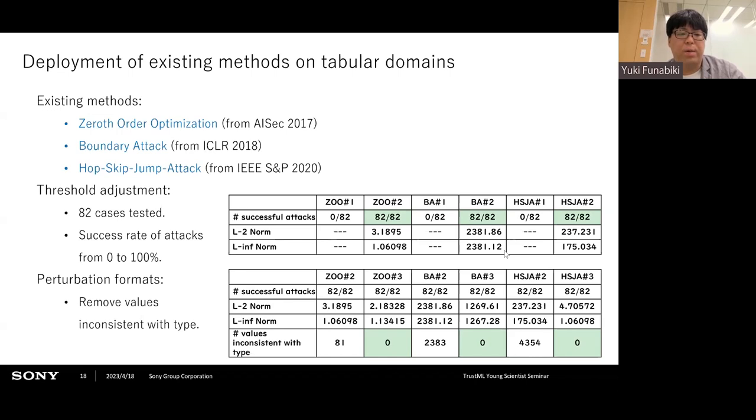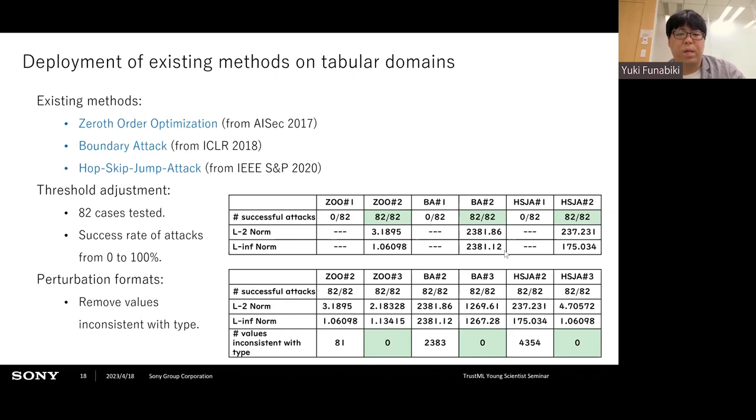And in the third phase, we format our adversarial examples, because in the second experiment, we found very rough adversarial examples. It means the operator can find the adversarial examples easily. So we should create more natural adversarial examples.